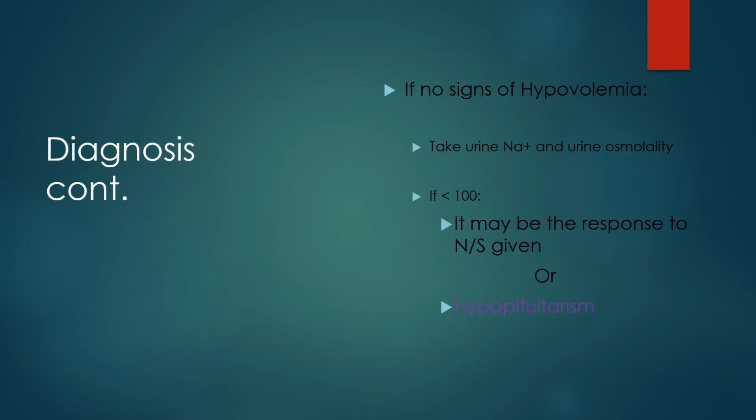If there are no signs of hypovolemia, then we have to take urine sodium and urine osmolality. If it is less than 100, at least if osmolality is less than 100, that result might be due to the response to the normal saline given earlier, or we are dealing with hypopituitarism.